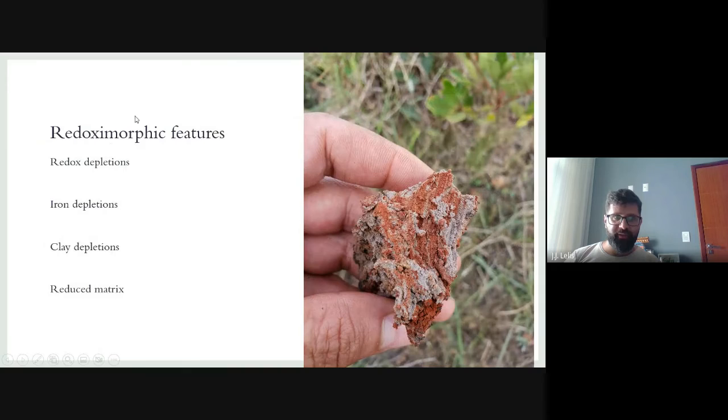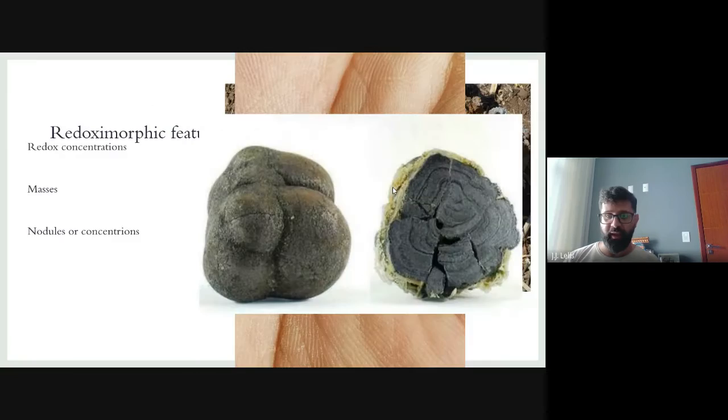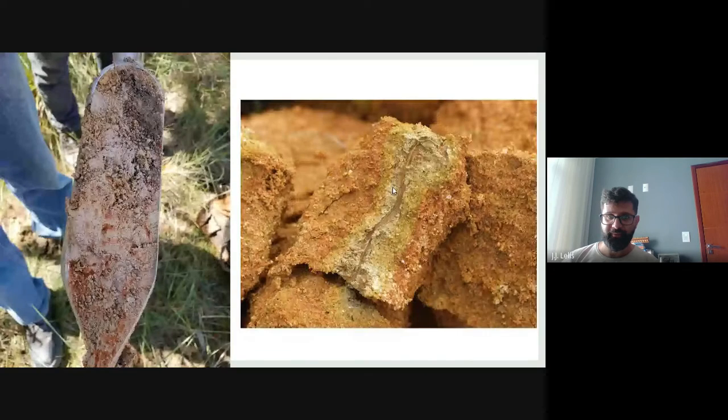And between these redoximorphic features, we can see depletions when we have a horizon that presents specific gray colors, like in this picture.